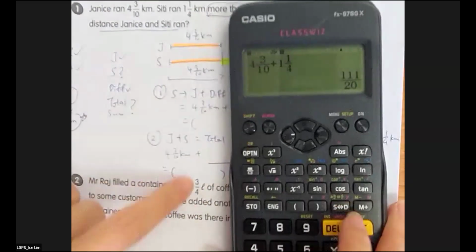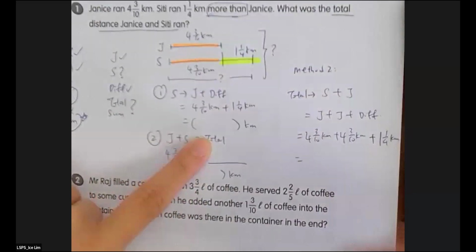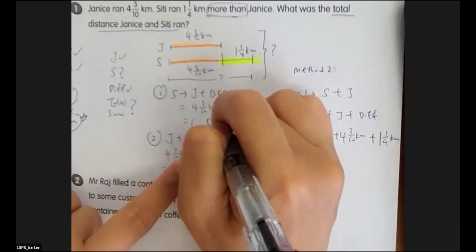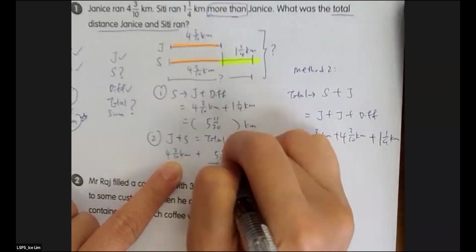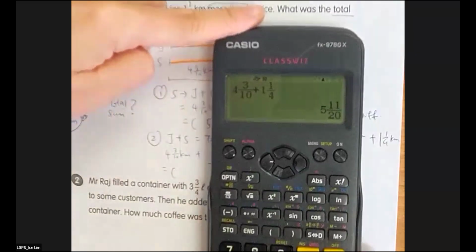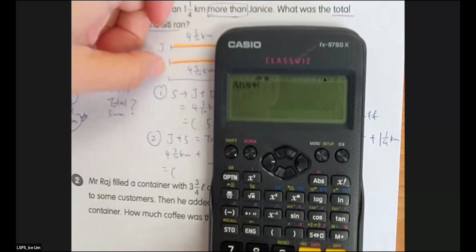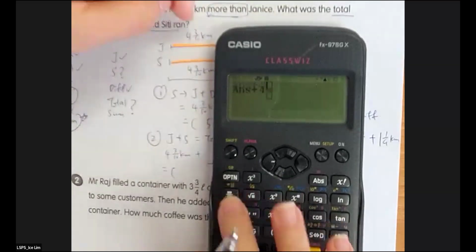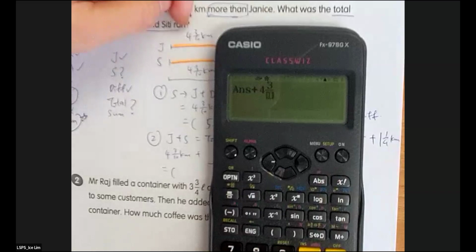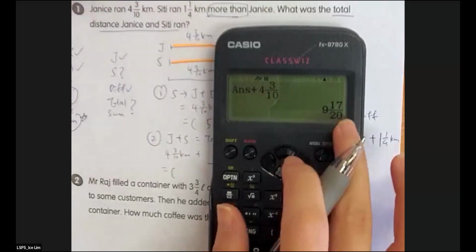I can change it to a mixed number, 5 11/20. So I can write here 5 11/20. From here, I could plus straight away, plus 4 and 3/10. That should give me 9 17/20.